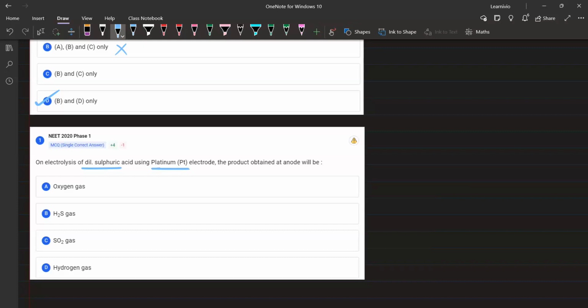The product obtained at the anode. What happens at the anode? Oxidation. Okay. Next is SO4. Either the SO4 2 negative will get oxidized, or the water will get oxidized. You have to choose which will get oxidized.